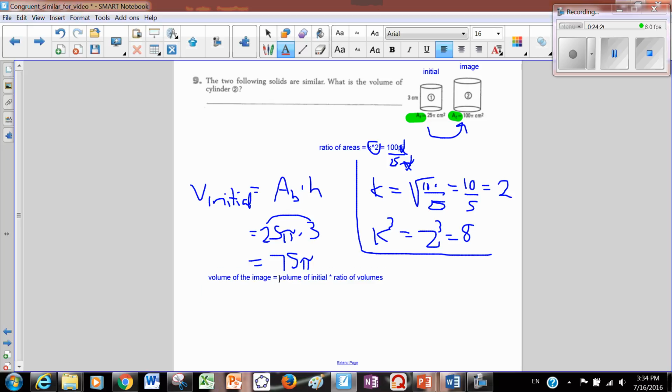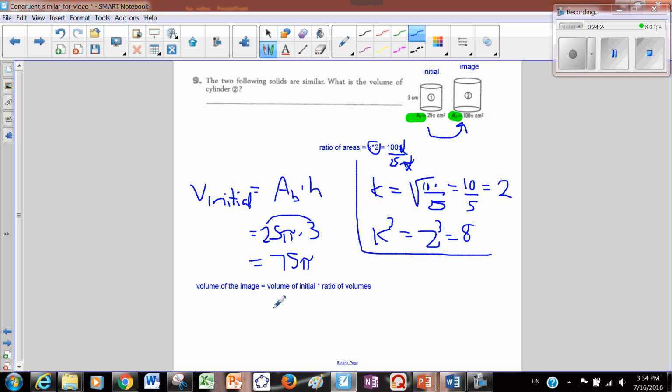So you're going to do your volume of initial, which was 75 pi, times your ratio of volumes, that was 8. 75 times 8 gives 600. So you can leave it like that, 600 pi centimeter cubed.